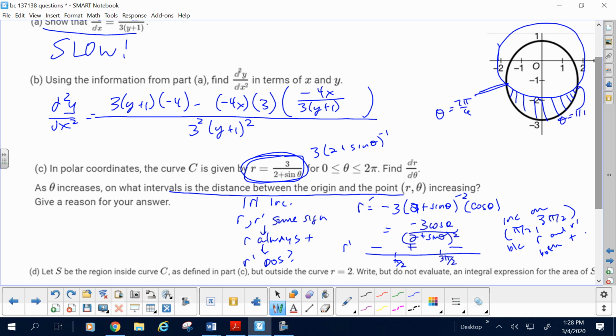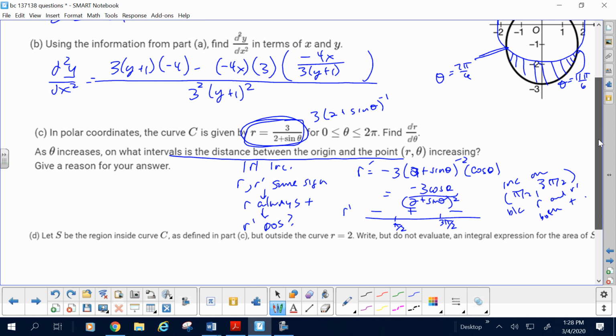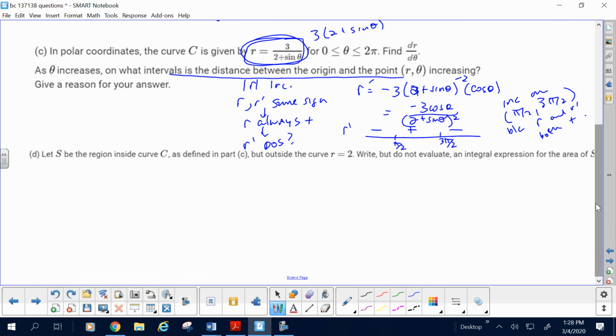Did that go okay finding those? Did you use symmetry or not? You did. So if you use symmetry, then you started where? 3 pi over 2.